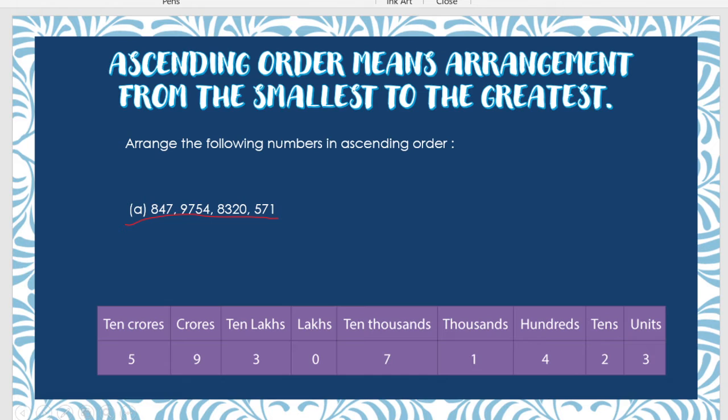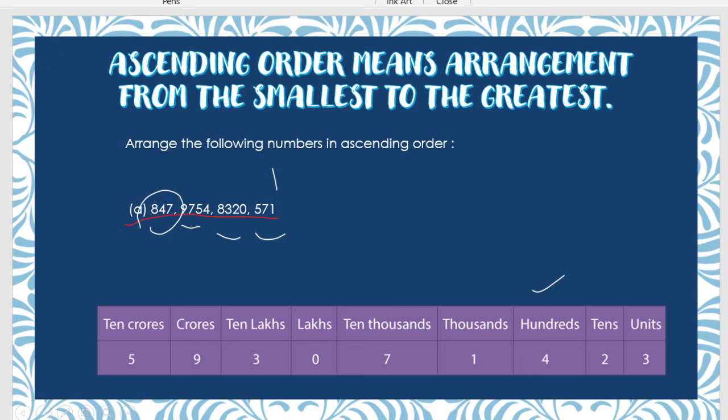Let's solve this question. Number one will be... there are 3 digits. The first has 3 digits, the second has 4, the third has 4 and the fourth has 3. So I will check the places. A 3-digit number is in the hundreds place, so that is the smaller number. If father gives you a 100 rupee note or a 1000 rupee note, which number is smaller? 100, of course. If he gives you 500 or 800, which is less?